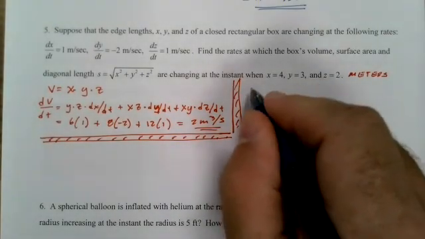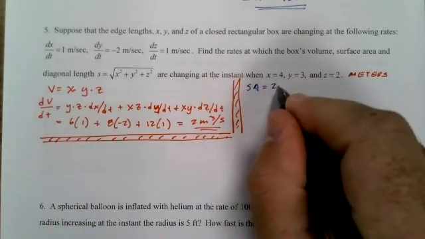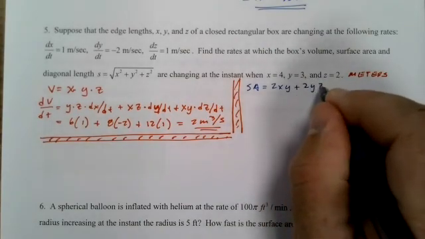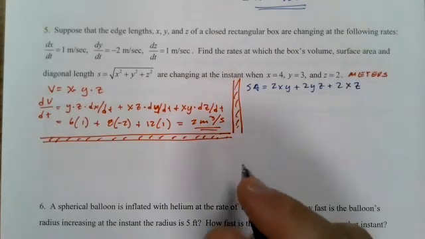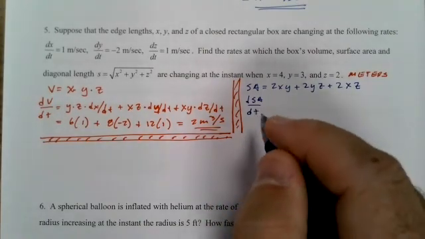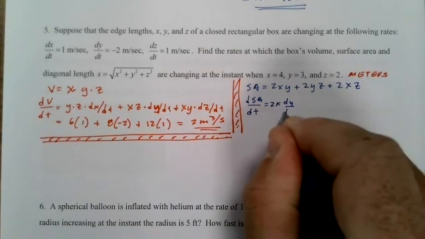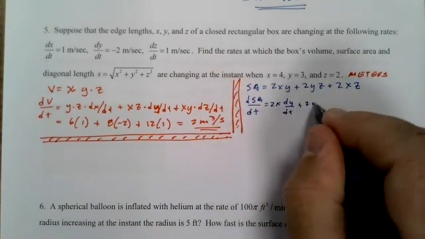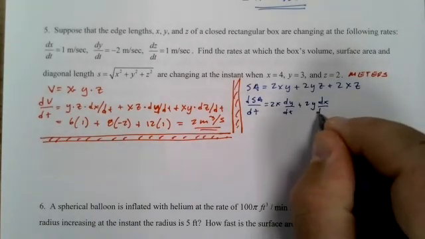Surface area is 2xy plus 2yz plus 2xz. dSA/dt is a monster. 2x dy/dt plus 2y dx/dt. This is going to give me a headache.